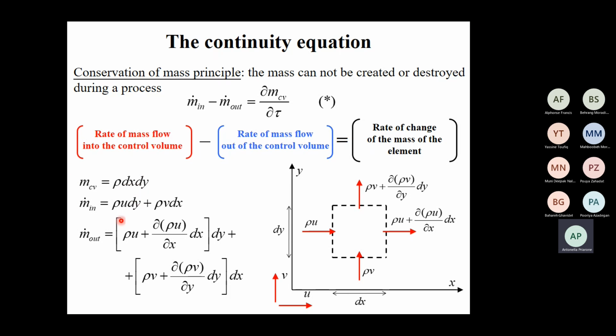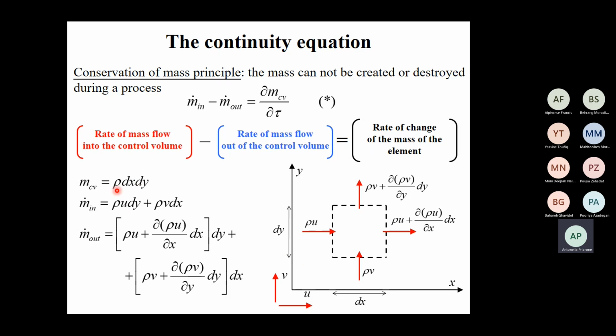Then I have the mass flow rate that enters inside my volume, and I have an inlet contribution for the coordinate x. An inlet contribution is the product among rho, density, u component of the velocity, and the area normal to this direction, that is dy by 1.